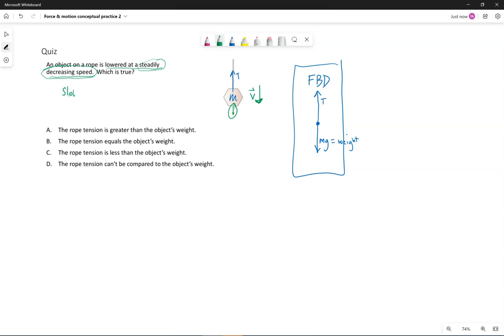So this object is slowing down. If the object is slowing down, then there must be some sort of acceleration in the opposite direction to make that object slow down. So this is from our previous section. Opposite directions mean slowing down.